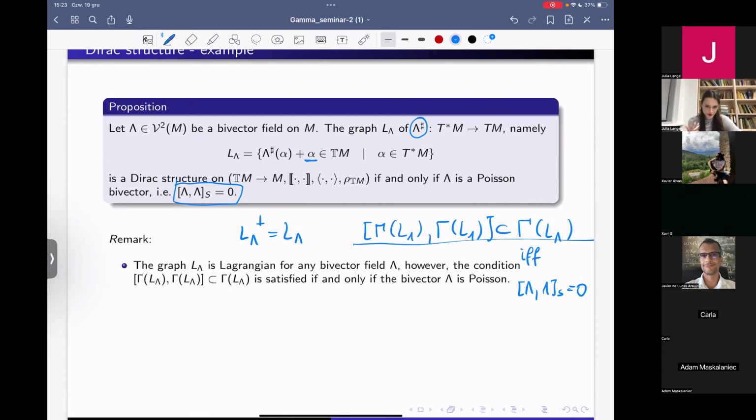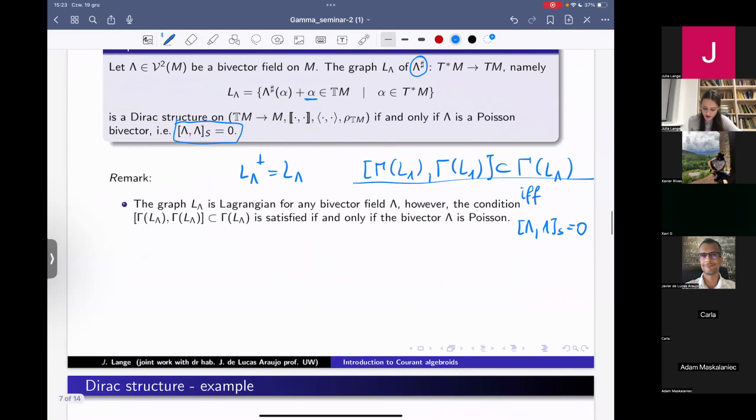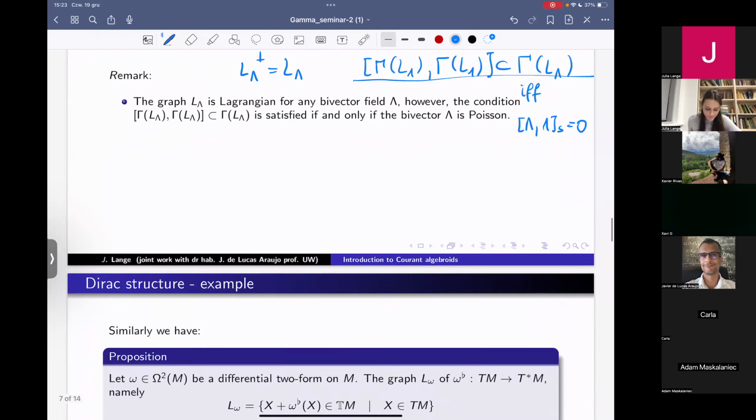Because we have two conditions for Dirac structures, that it is Lagrangian and it is closed under the Courant bracket, okay? So the second condition fails if we are not given the Poisson structure. Okay.